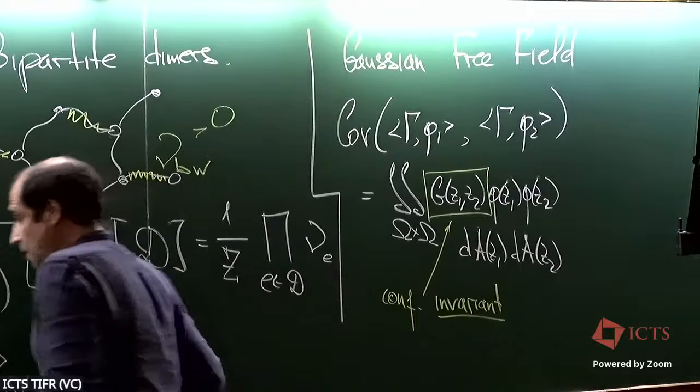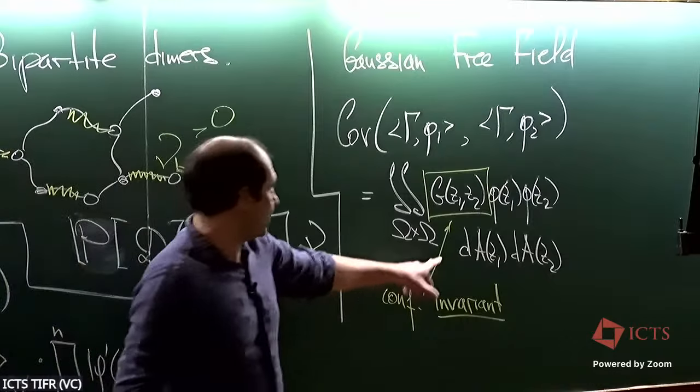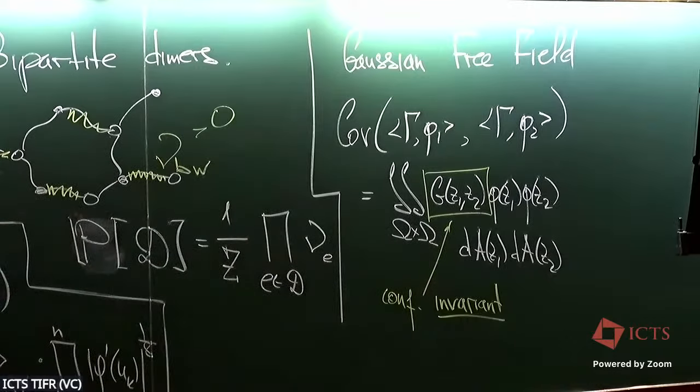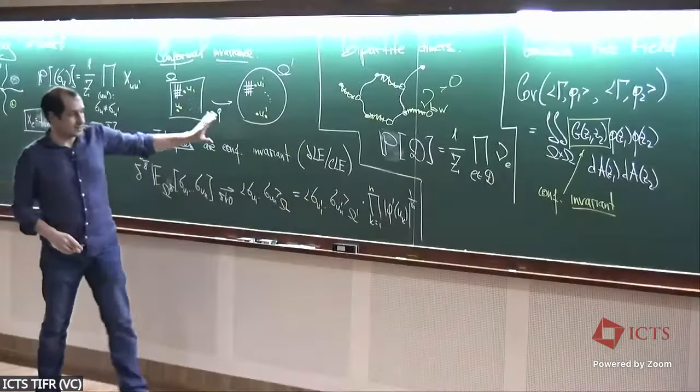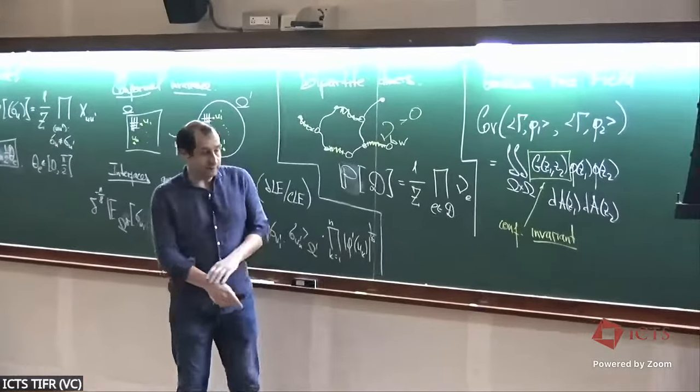And benefiting from this question about what is conformal invariance and what is conformal covariance, this is invariant. When I map my domains, nothing changes. The green function stays exactly as it is. There are no factors of that kind. So this is a conformally invariant object.